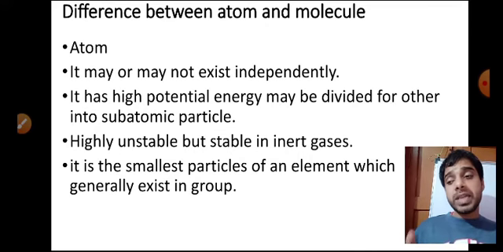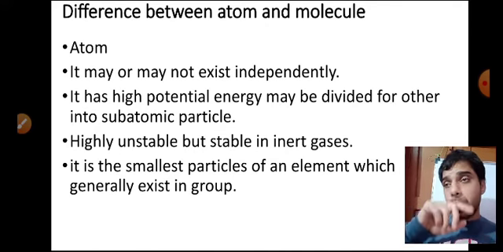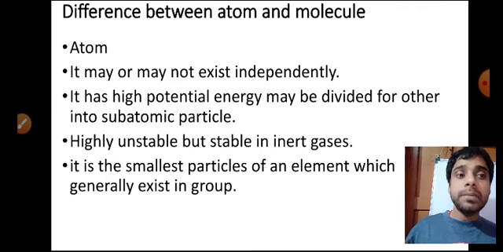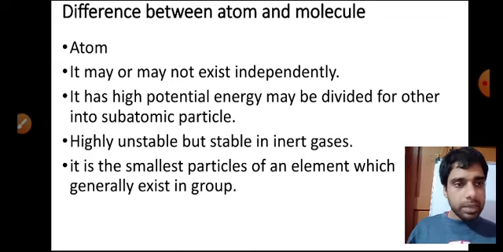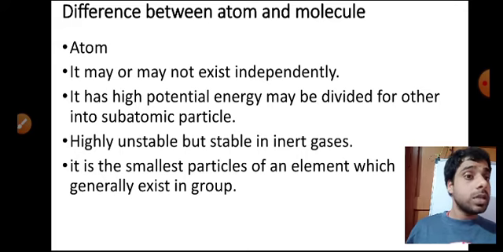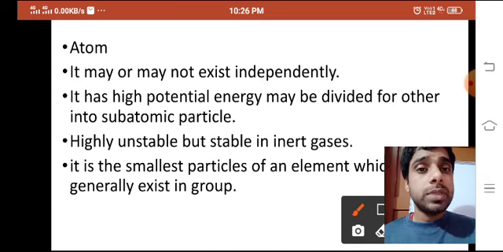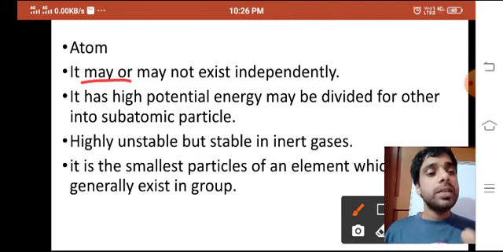Why? Because in the past we know that atoms can exist independently also, because monoatomic means helium, neon, argon, krypton, that is existing independently. But the rest of the other elements, you can see. If I am saying "may", what does it mean? Yes, it may exist or it may not exist.